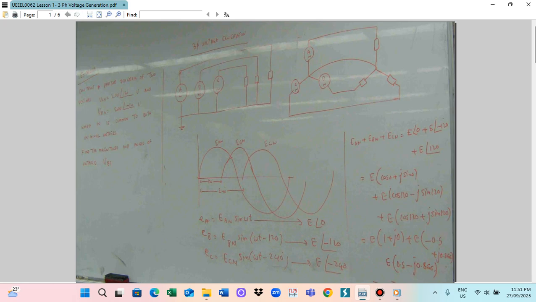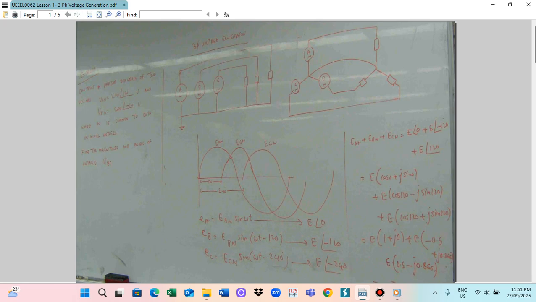So this one is connected to the load here. We connect the voltage like this. This is the A phase.